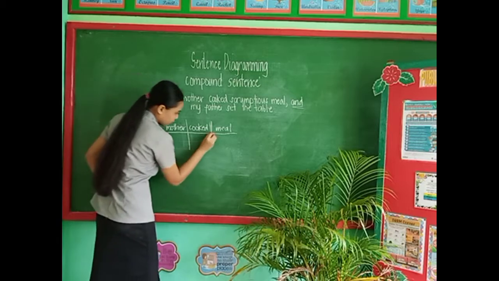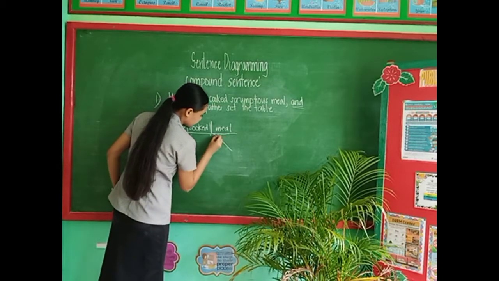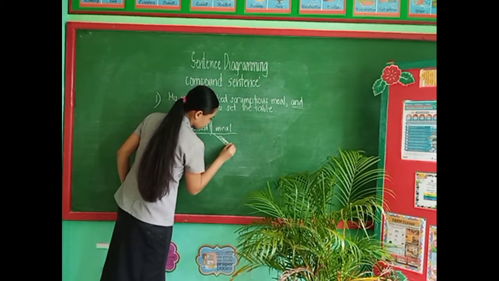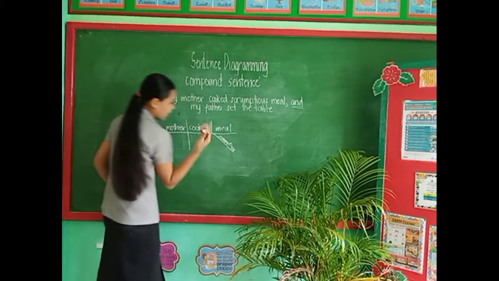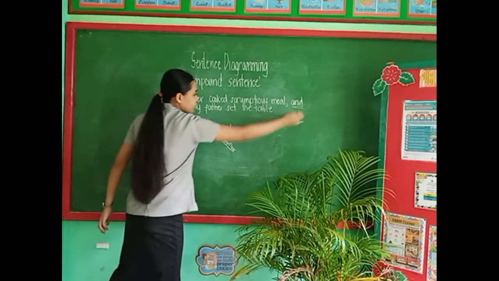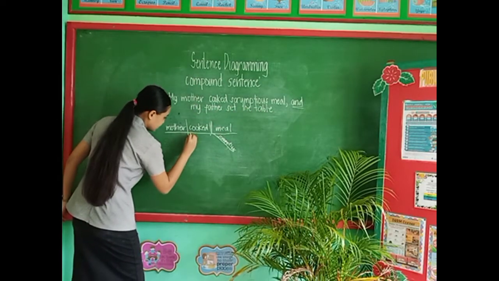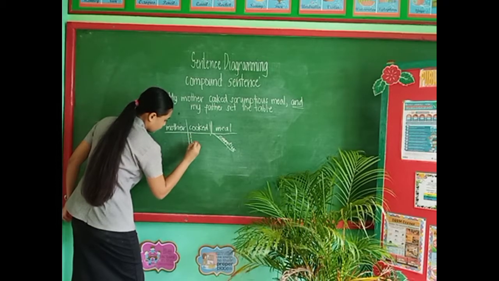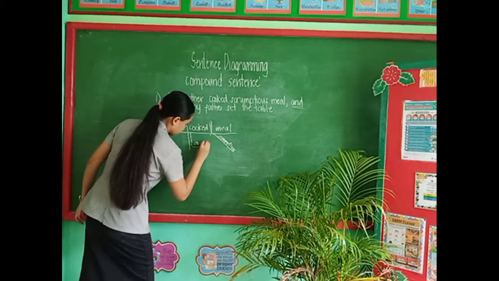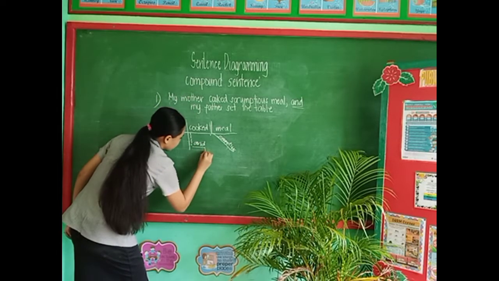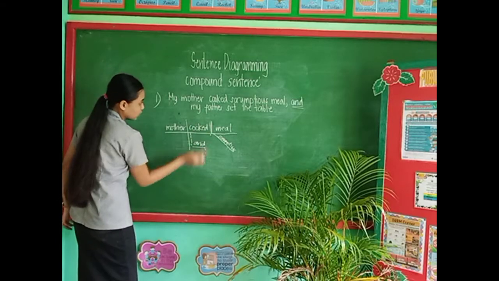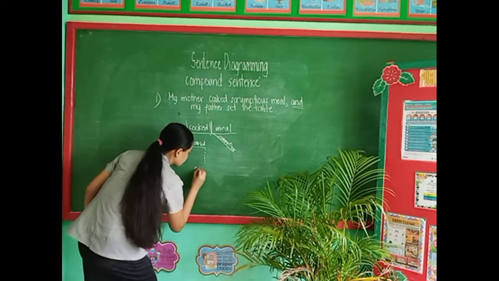We are going to put it here, because it describes the meal. It's a scrumptious meal. The coordinating conjunction will be placed here. We need to make this kind of line here. So, cooks, and then here will be set.